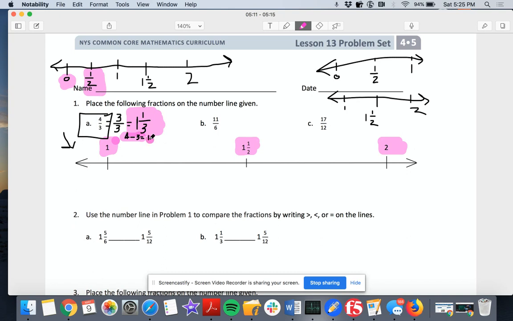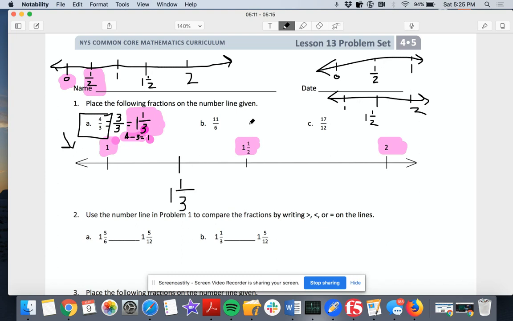And then I'm not going to forget about my denominator, so 4/3 is equal to 1 and 1/3. Plotting 1 and 1/3, I know that it would go in between this 1 and 1 and 1/2, because 1/3 is not quite 1/2.